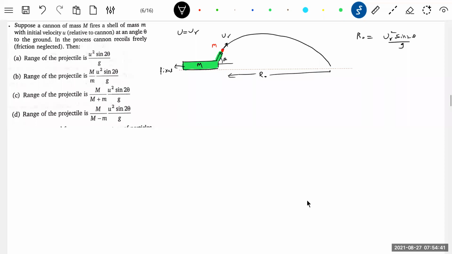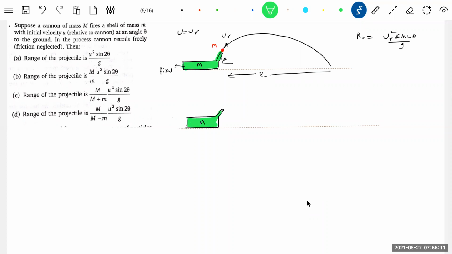Now the cannon is fixed. Okay, this was the range that will happen. Now the cannon will recoil. Now we will bring the situation of cannon recoil. If the cannon recoils, what will happen to range? Range of the projectile. So cannon recoils means, when you project it, cannon will recoil back.